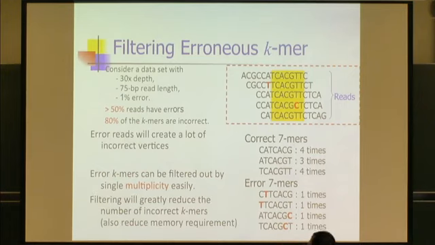You build a de Bruijn graph using the k-mers, and you throw out the incorrect k-mers. It not only makes the algorithm simple, you reduce the memory requirement a lot and make it more efficient. So this is the benefit of using the de Bruijn graph.